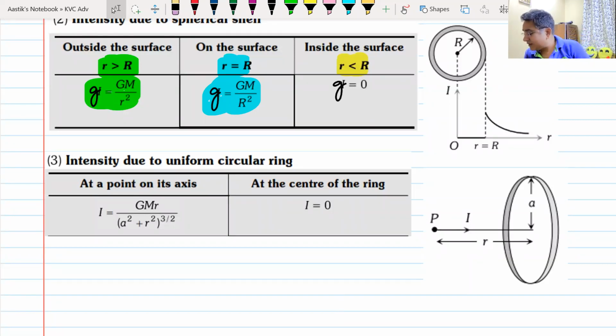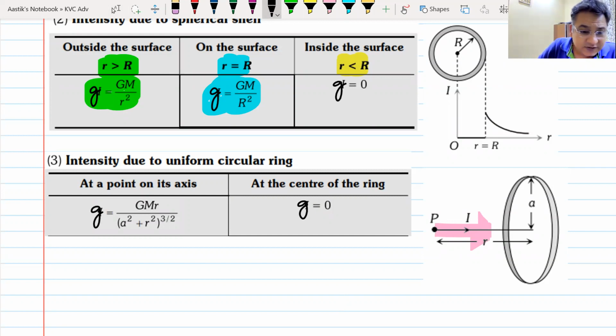The radius of the ring is given as a, and the distance of the point is given as r. The gravitational field at any point on the axis, remember the direction is always towards the center of the ring, and at the center the gravitational field is zero.